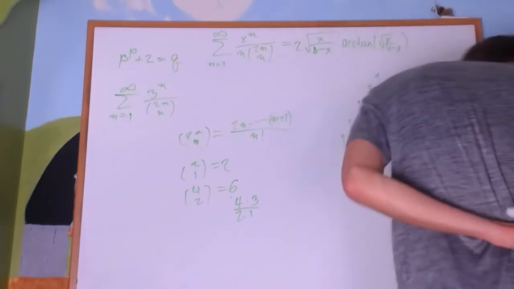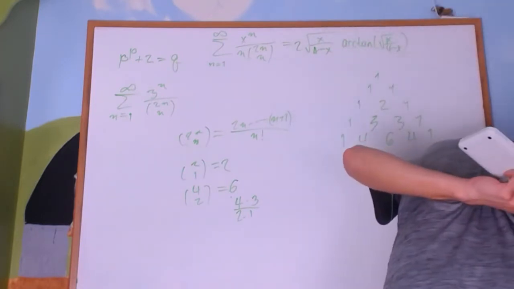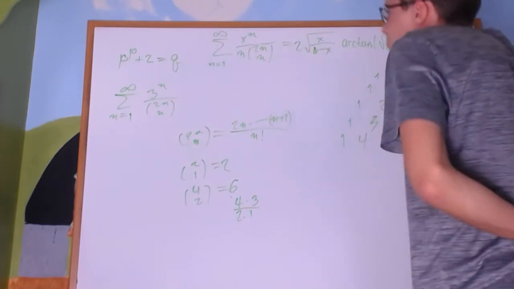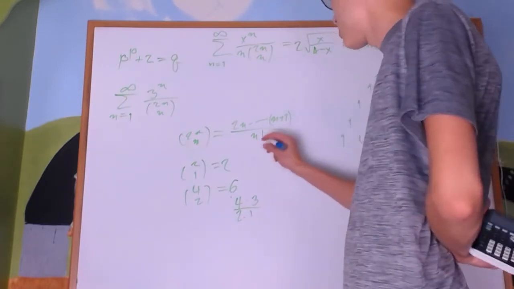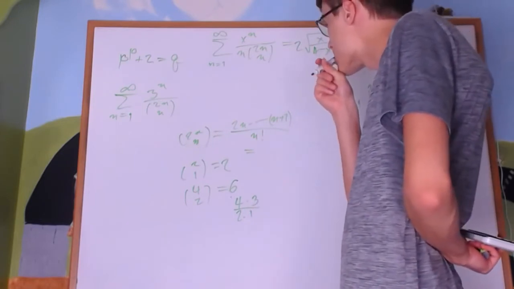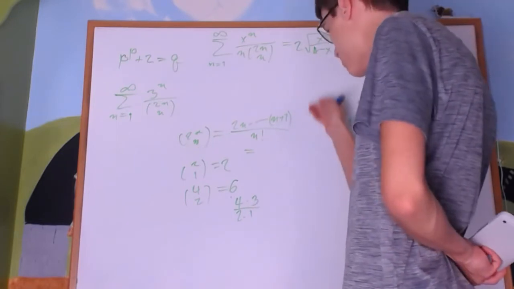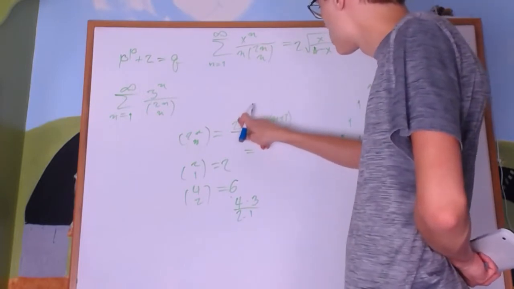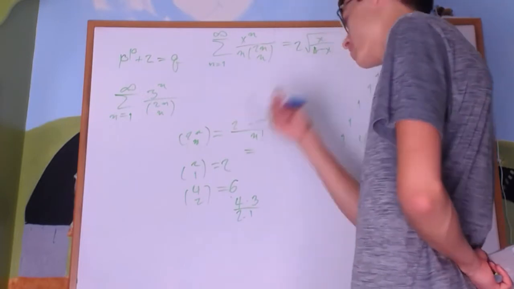So if I have an extra n on the bottom, basically, that'd be sloping that out of there.